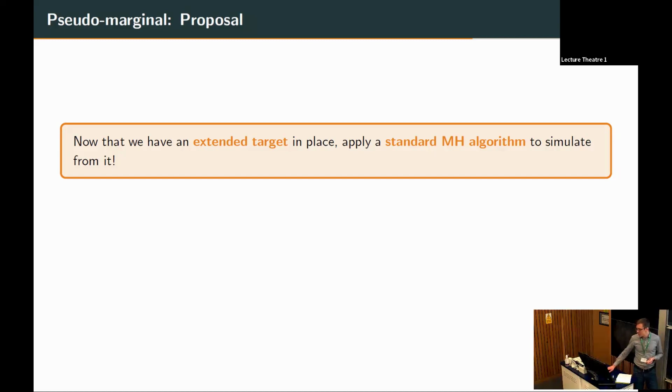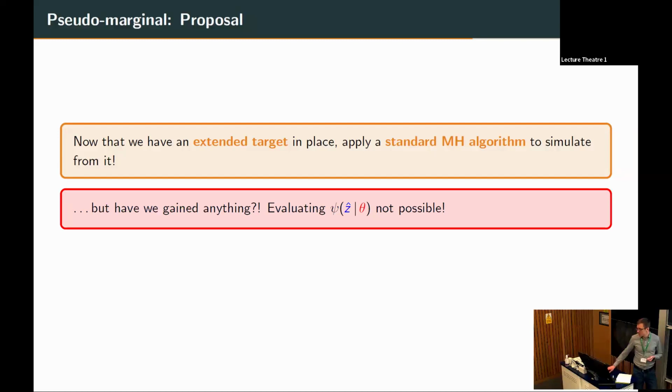But here we need to think a bit about how we're actually going to implement this, because we haven't really gained anything so far. We have now got the target distribution, which I can't even evaluate pointwise, because this psi density here, I can sample from easily by just running the particle filter, but I can't evaluate this PDF pointwise. And in the Metropolis Hastings algorithm, we typically need to evaluate the target. So is this a problem, right?